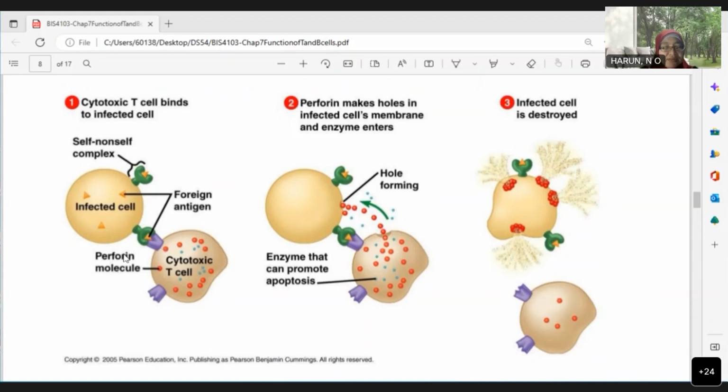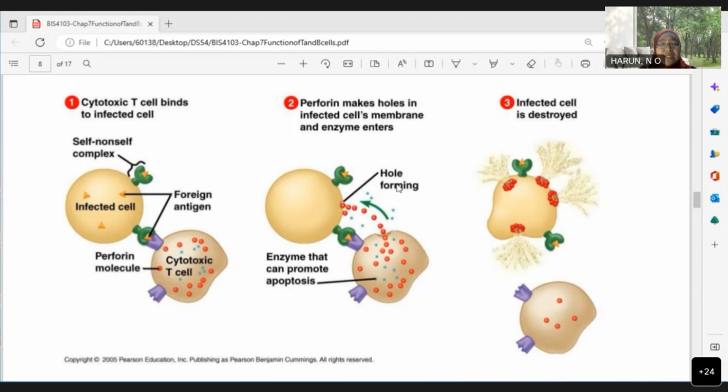So these particular porphyrin molecules will work together inside our cytoplasm. And then the porphyrin's role is to make holes in the infected cell's membrane and also release its enzyme inside the infected cell's membrane.